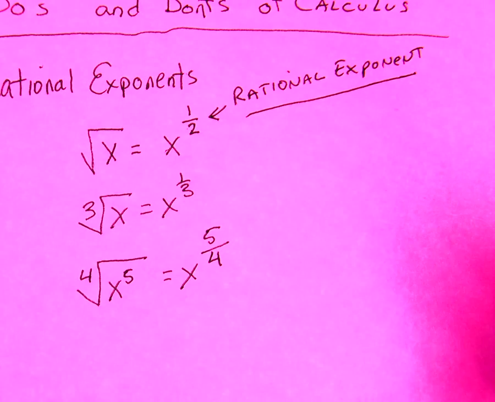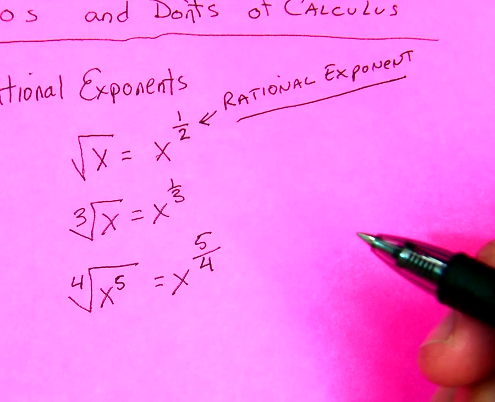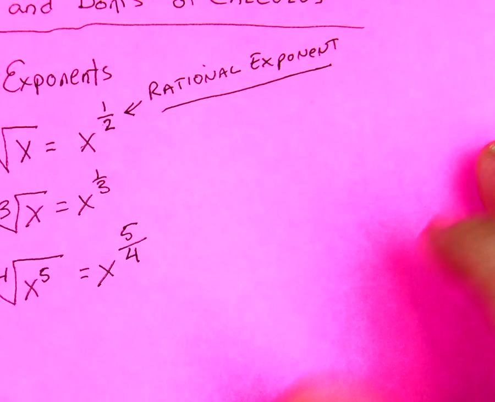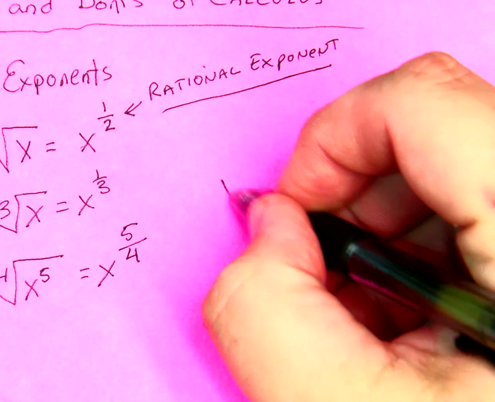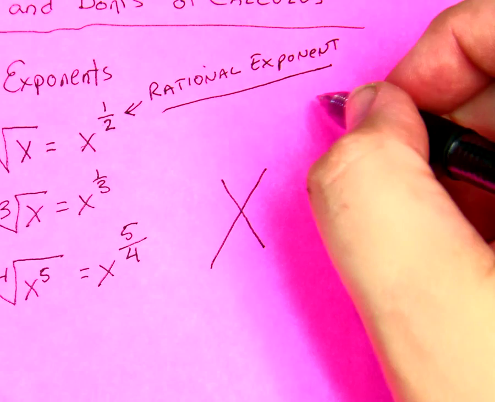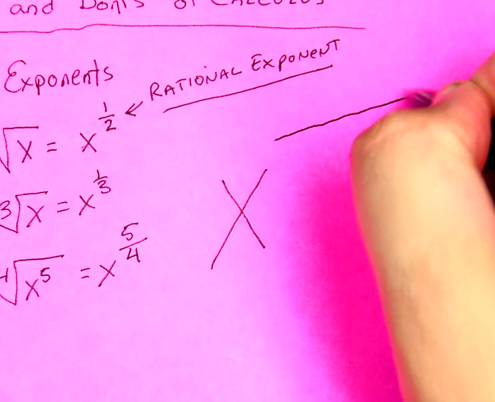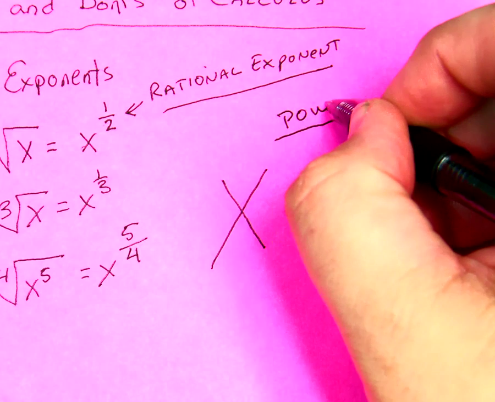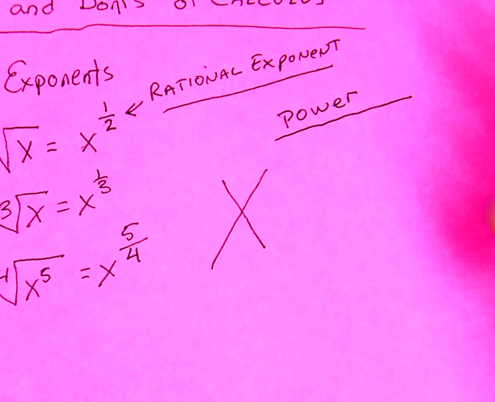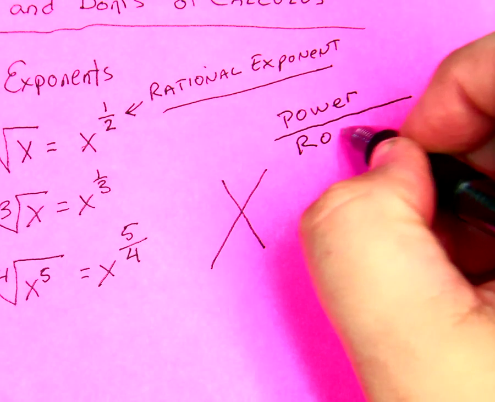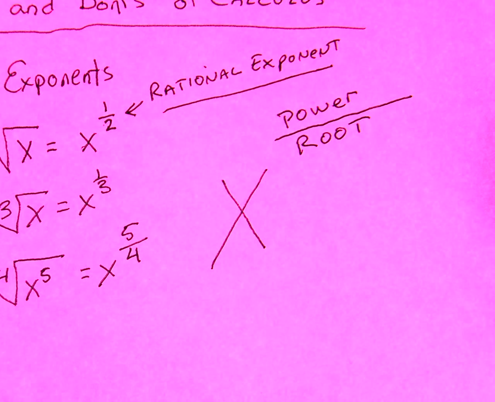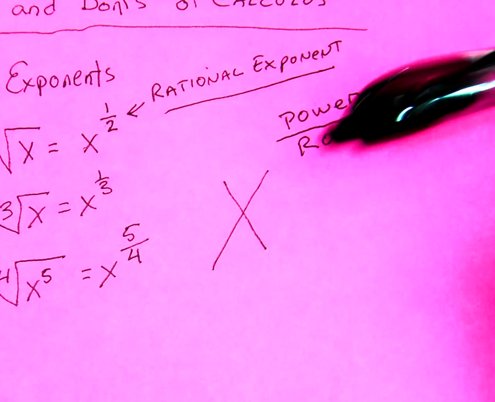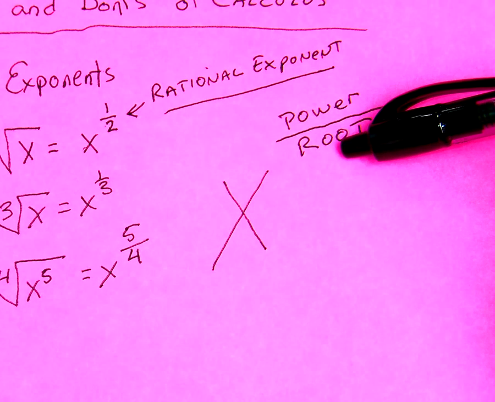So you want to make sure that when you're dealing with your rational exponents, you have your variable, and the exponent itself is going to be your power, your numerator, and your root is your denominator. And then you're going to want to follow all the different rules for exponents, because they apply to all the rational exponents that we deal with.